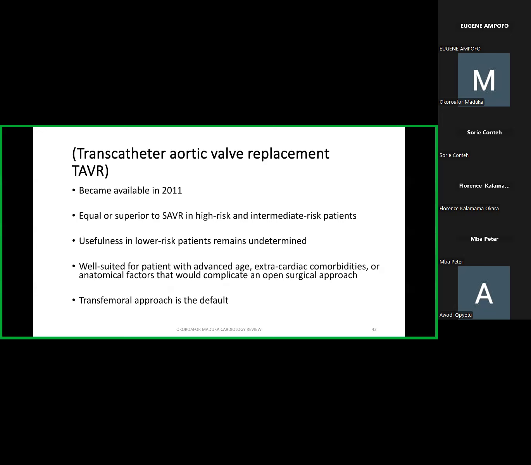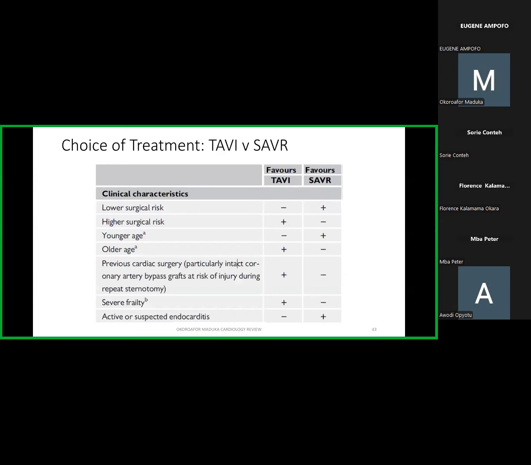It's well suited for patients with advanced age, extracardiac comorbidity, or anatomical factors that will complicate surgery. There is a flow chart, if I put it that way, that helps you determine whether you go for a transcatheter aortic valve replacement or surgical valve replacement. For example, if a patient has low surgical risk, you go for the surgical valve replacement. If the patient is young, you will choose surgical valve replacement.